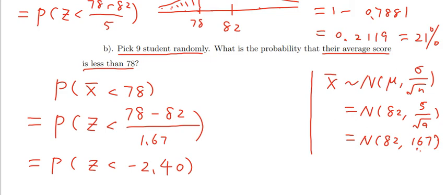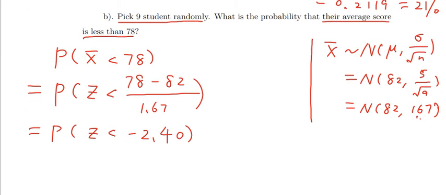Okay, so now we just check the table to find the probability. We check 2.40.